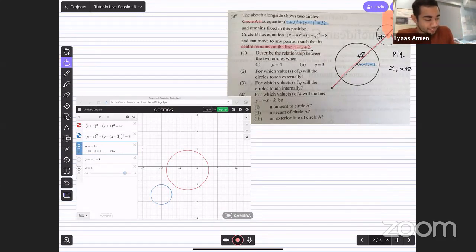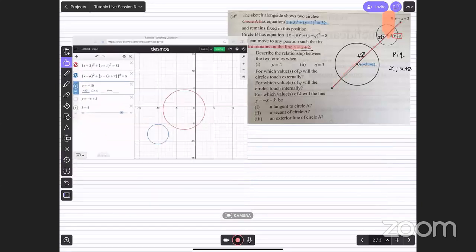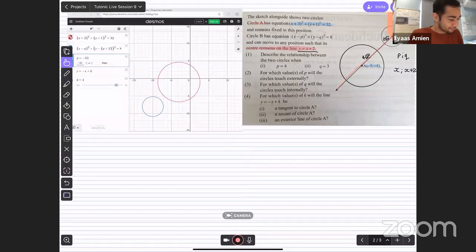Because they're asking for the relationship between the two circles, we need to comment on whether they intersect, whether they intersect internally or externally, or whether they don't intersect. The way that we do that is that we say the distance between their centers is more than or less than the sum of the radii, or the difference between the radii.